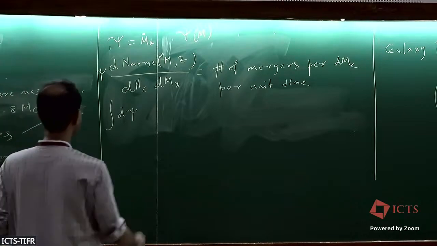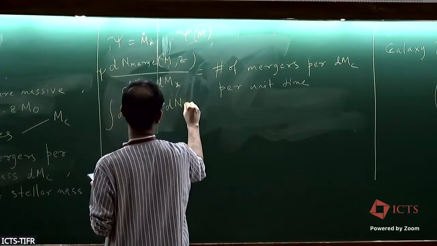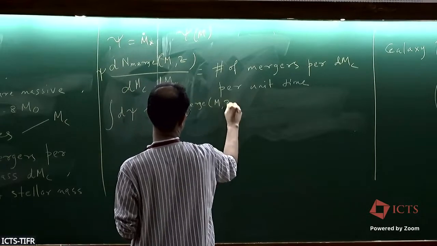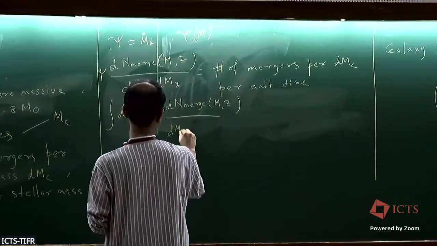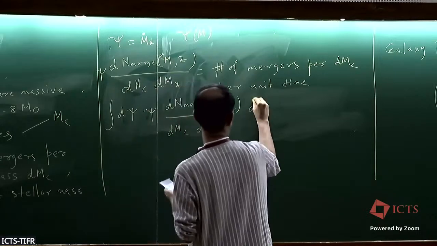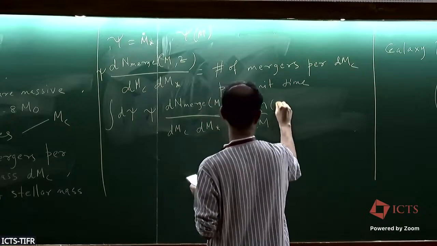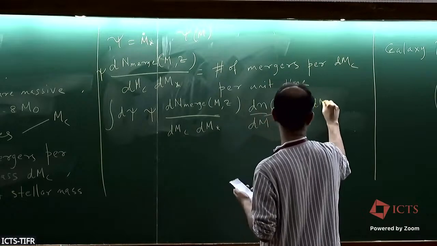So d psi times this quantity dN merge (m, z) by dMc dm star, times our friend dn/dm, which is a function of m and z, our mass function, and then dm d psi.